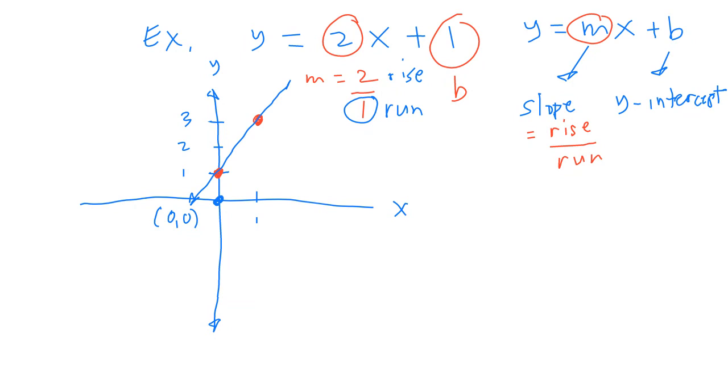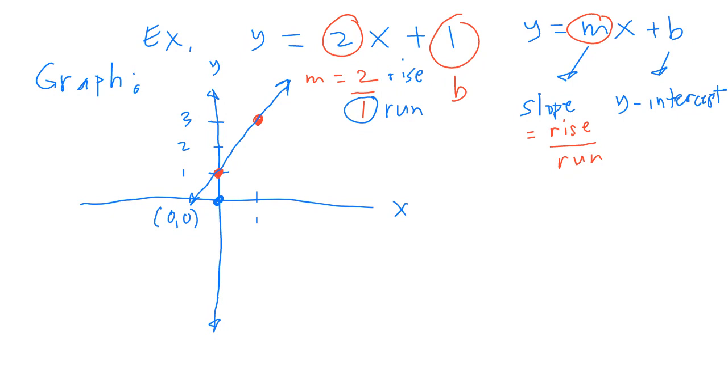So you have this line now. And this is now by graphing. This is the graph of the equation y is equal to 2x plus 1. So we plot 2 points and then we connect them. That would be the graph of the line.